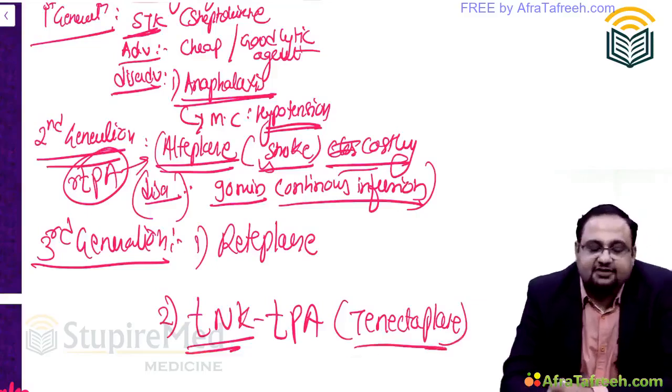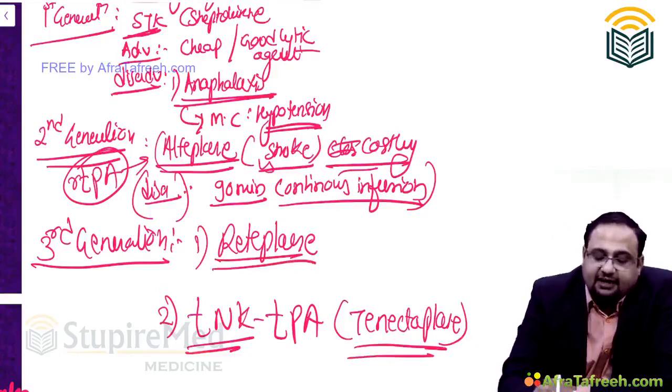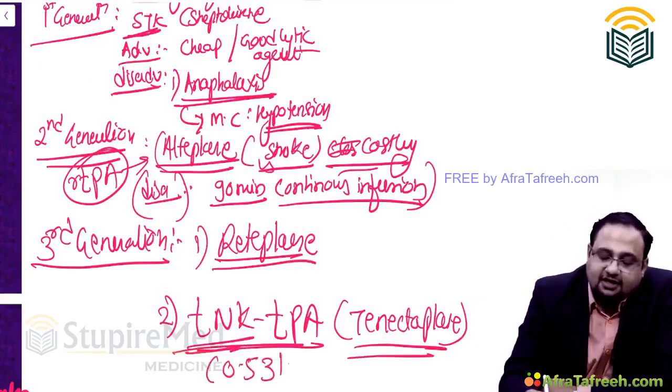I repeat again, friends, the third generation are Reteplase and Tenecteplase. Tenecteplase is weight dependent, 0.53 milligrams per kg has to be given as the dose.